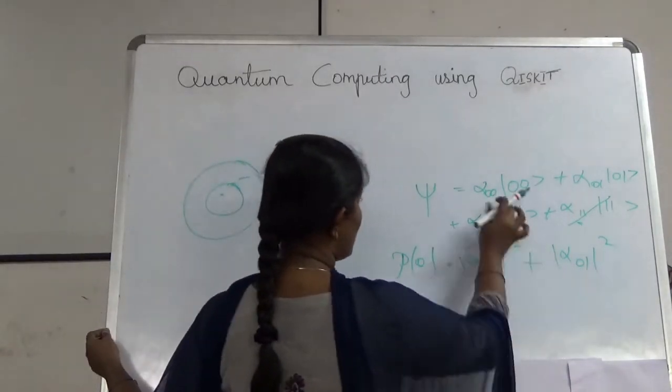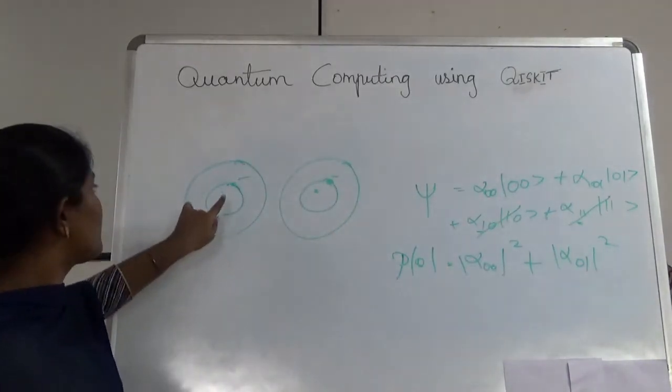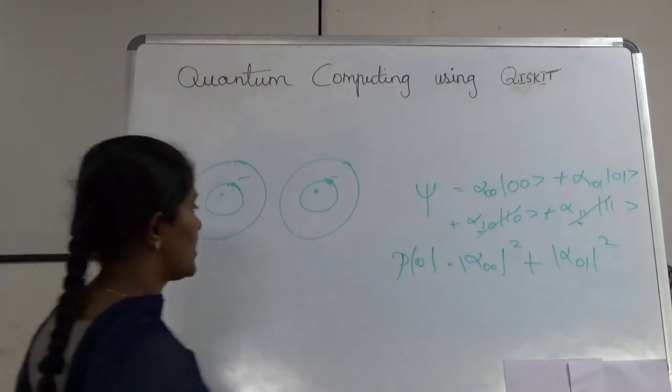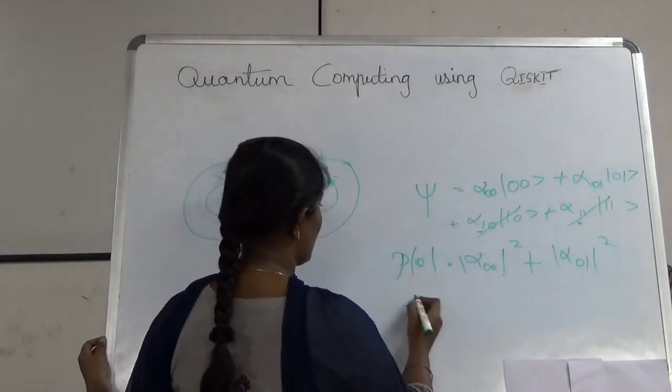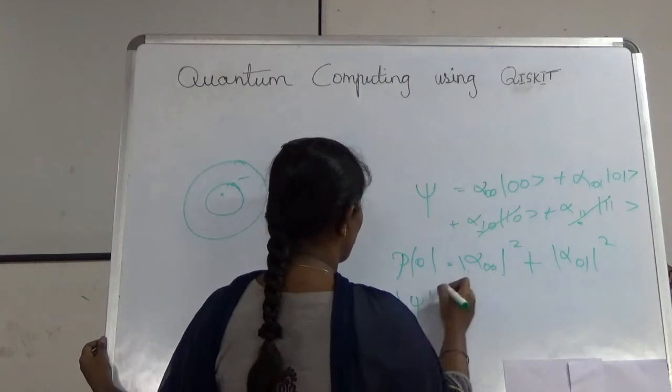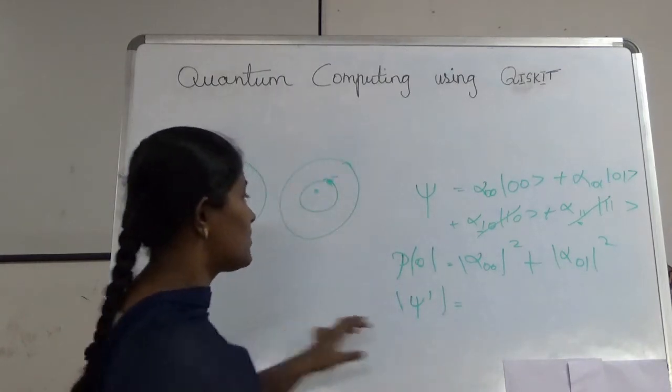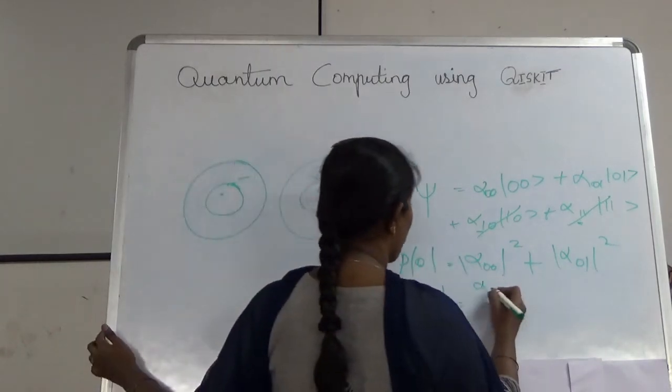So the magnitude of these two will give us the first qubit in spin down state. The new state is formed with this magnitude.